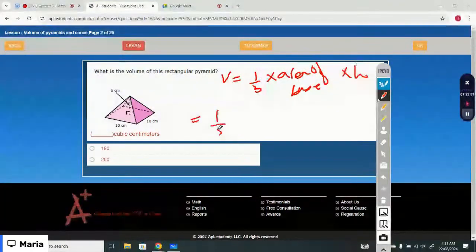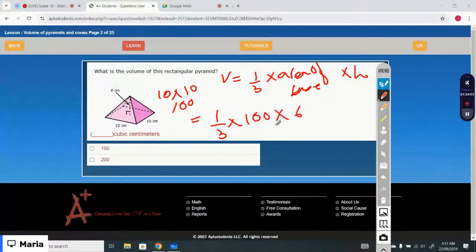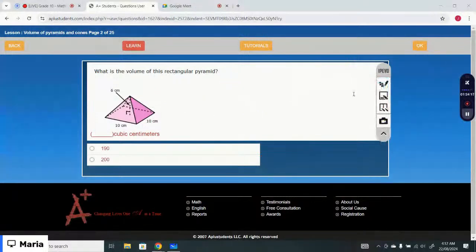The area of base, the rectangular shape, is 10 times 10, that is 100. So area of base is 100 and height is 6, so that is 600 divided by 3 equals 200. So the correct option is 200. Option number 2 is the correct option.